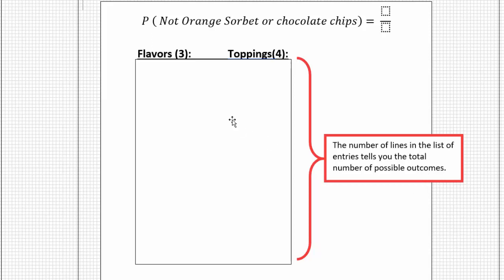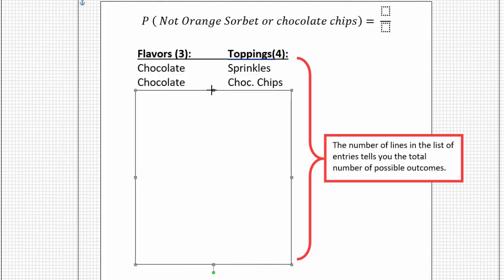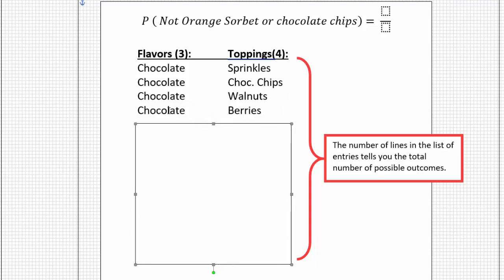So let's start with the first flavor, chocolate, and list out the different varieties. We could have chocolate with sprinkles, chocolate with chocolate chips, chocolate with walnuts, or chocolate with berries. That's the first flavor with each of the 4 different toppings.